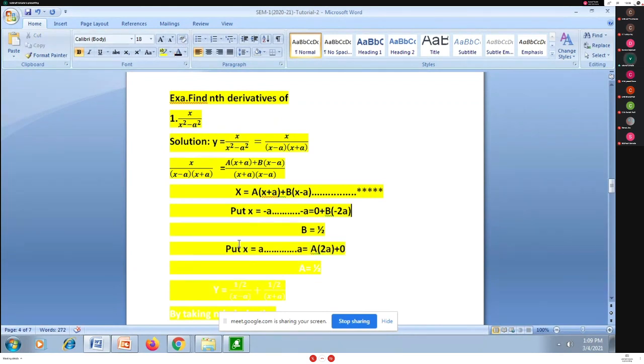Substitute x is equal to a in this star step, and you will get the value of capital A as 1 by 2. One of the students is saying he is getting the values of A and B as 1 by 2. Yes, I am also having the values of unknowns A and B as 1 by 2 here.